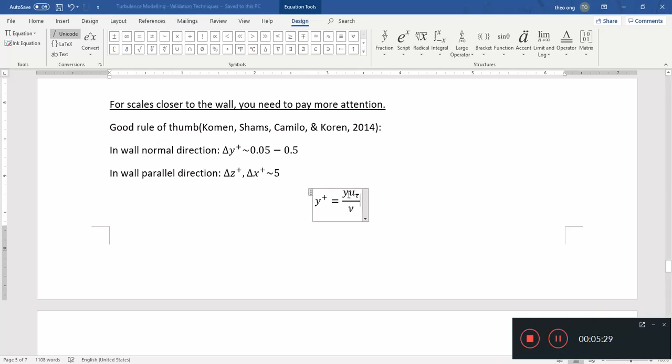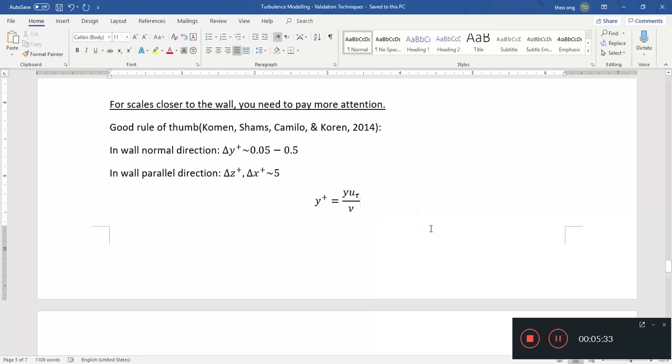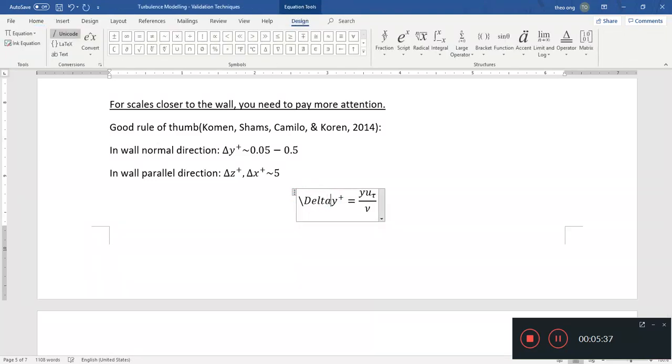This y is in meters, the friction velocity is in meters per second, and nu is in meters squared per second. So for a grid spacing delta y plus, you would have delta y times u tau over nu. These are based on wall units, and that is ultimately based on the friction velocity.